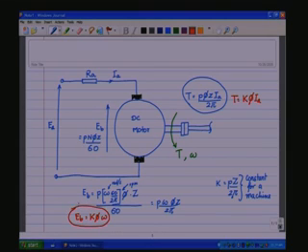Now, these two are the important equations in modeling the motor and also in determining the flow of the power and relations between the two sets of variables, the potential variable and the flow variable on the electrical side to the potential variable and the flow variable on the mechanical side and vice versa.